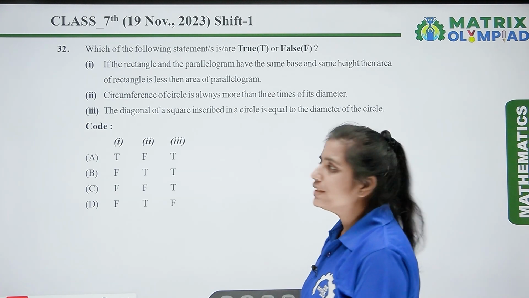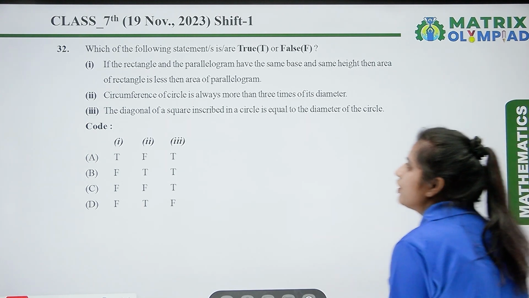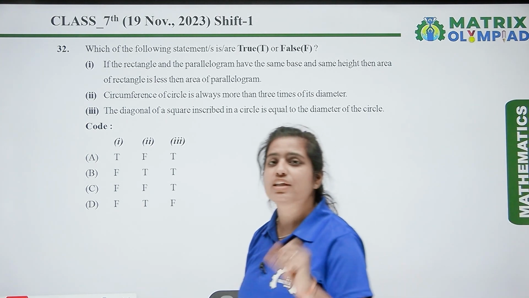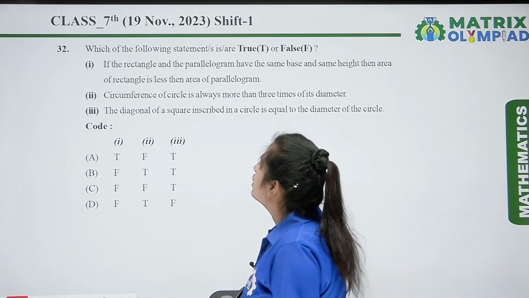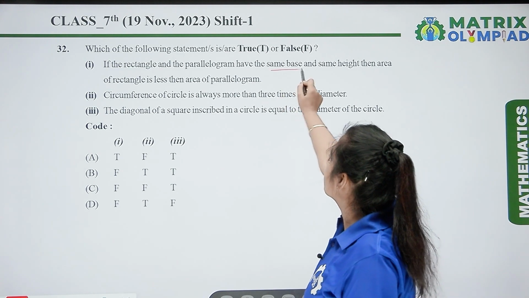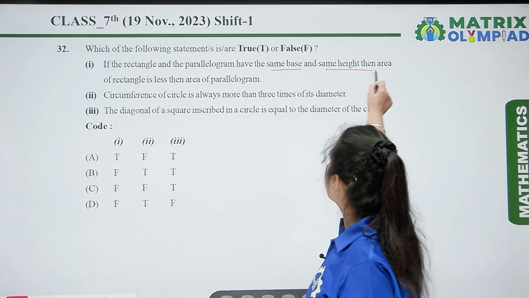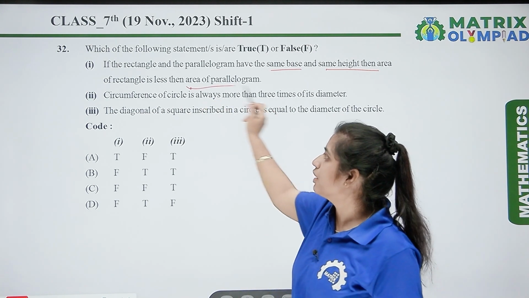Now the next question is question number 32. Which of the following statements is true or false? Again, we have statements and we have to state whether each is true or false. If a rectangle and a parallelogram have the same base and same height, then the area of the rectangle is less than the area of the parallelogram.